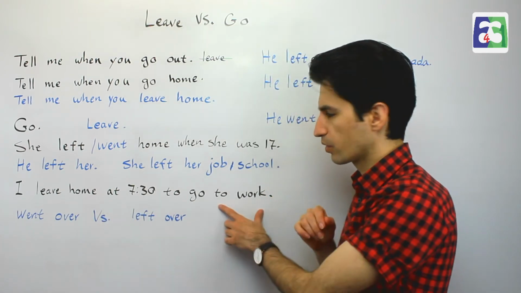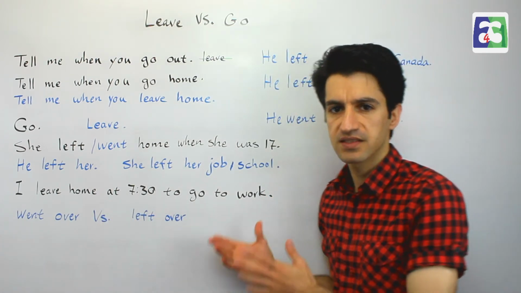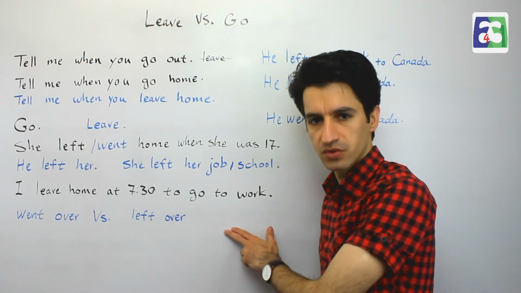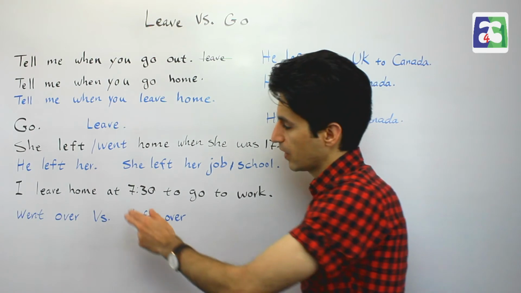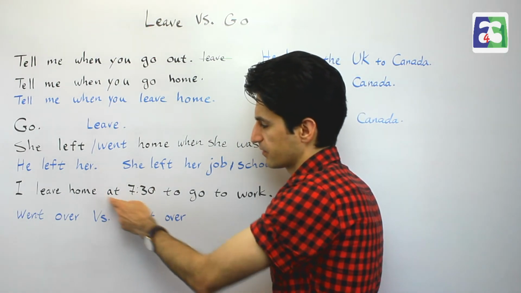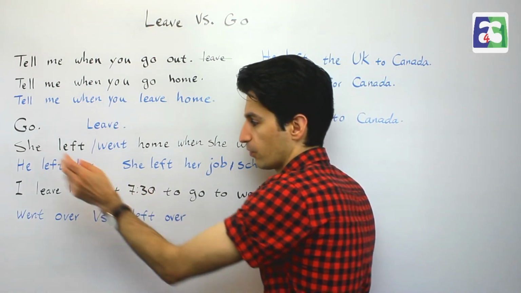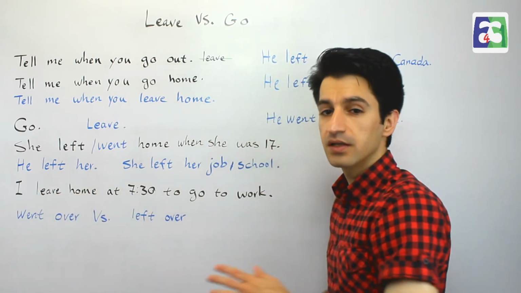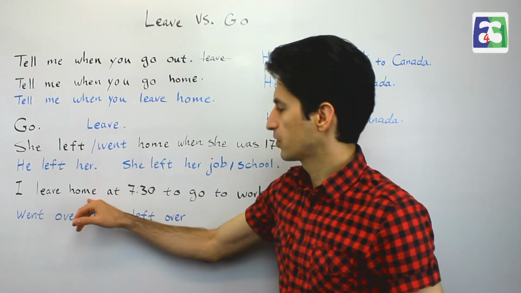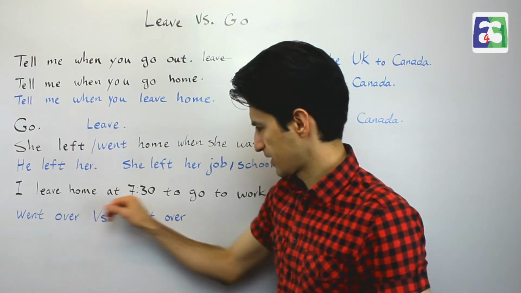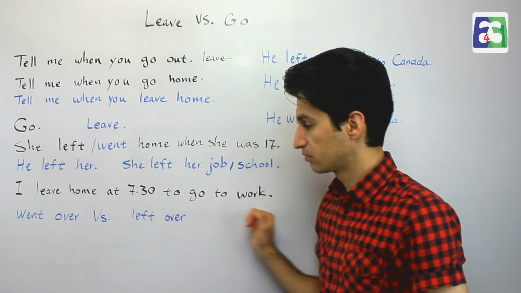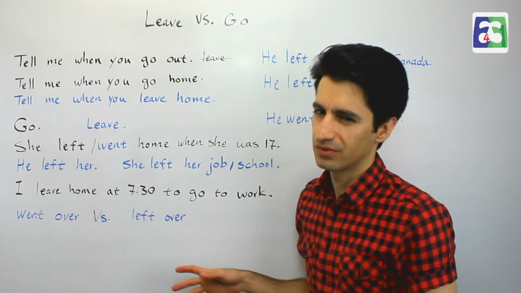But when do we go to work? We don't know. The sentence is not talking about going to work. It's talking about leaving home. So this time, 7:30, is for this action. Certainly this action, going out of that place, takes place at this time, but work, arriving, we don't know.